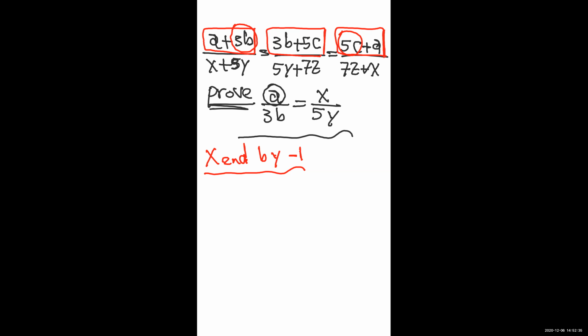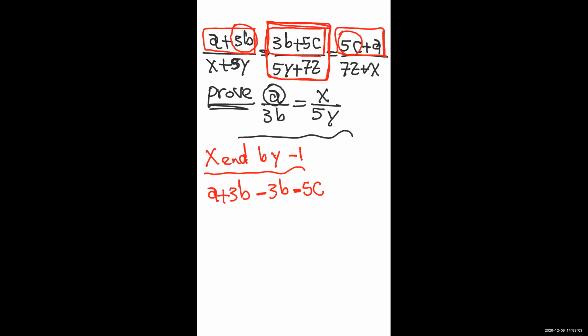Okay, so now guys, the first one will be the same, A plus 3B. Now I multiplied the middle term, the second one. Don't forget, I'm multiplying the numerator and the denominator by -1. So on the numerator it will be negative 3B minus, of course, 5C, right? Because I'm multiplying all terms.